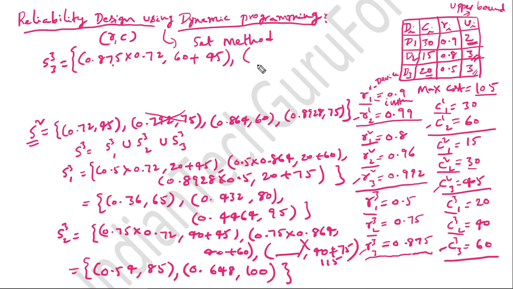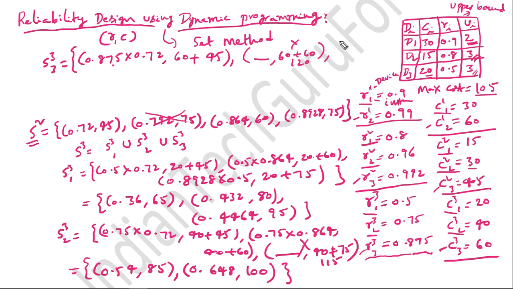And before calculating the remaining values, first calculate the cost so that we can check whether that particular entry will be deleted or not. So don't calculate the reliability, calculate the cost. Cost is 60 plus 60, which is 120. So exceeding maximum cost, discard this entry.